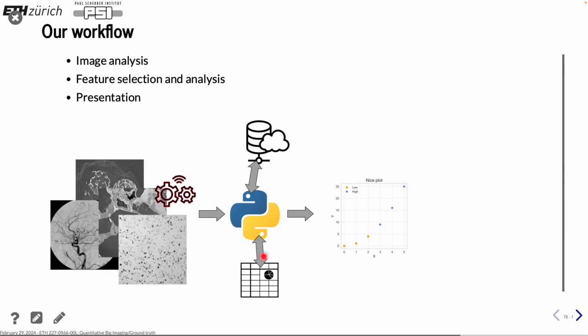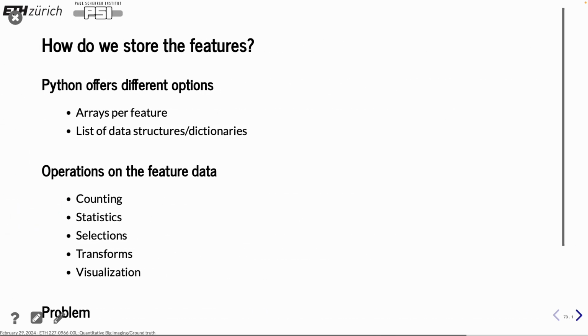And this result could be stored either in the cloud somewhere, if you have a big data set, or could even be saved in some kind of spreadsheet. And finally, you want this result to be plotted in some plot that tells the story you want to tell with the data. And the data frames can be used to store our data.